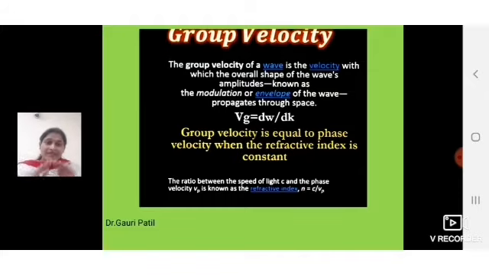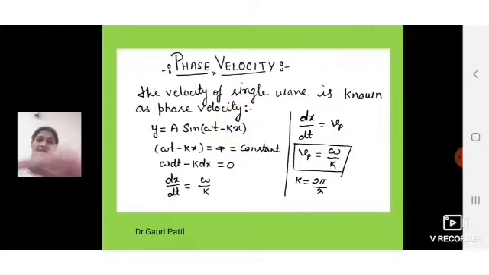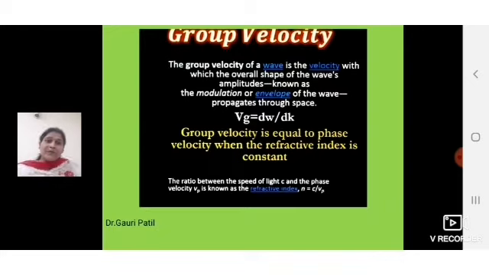Inside this envelope there are two or more waves present, and this is represented by the group velocity, which is d omega by dk. So group velocity is the modulation or envelope of the wave which propagates through space.